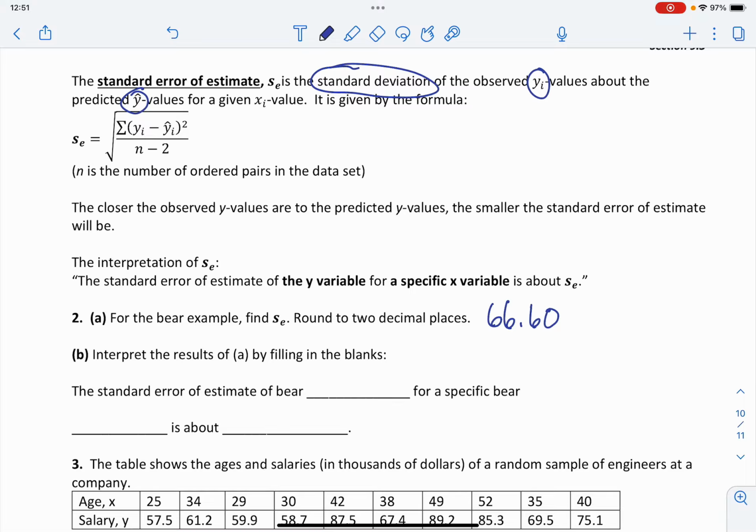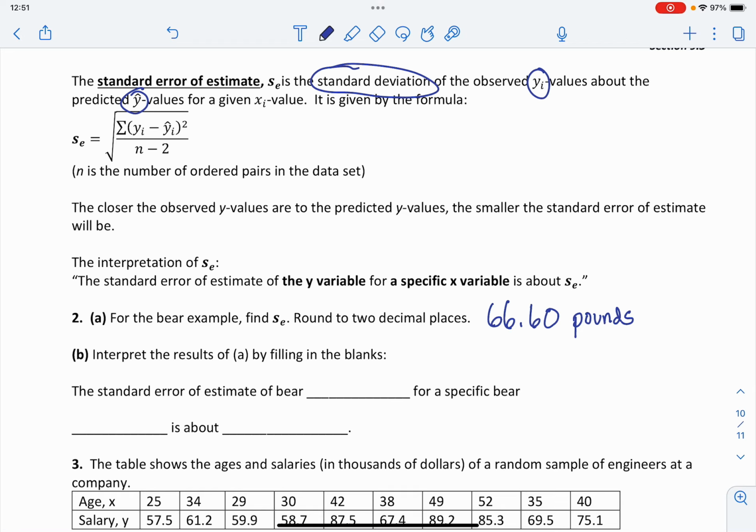And the unit of measurement always matches the y value. So this is weight, which is pounds. Okay. And then the interpretation.